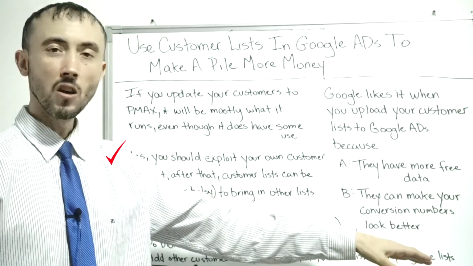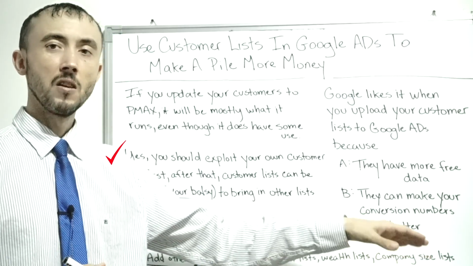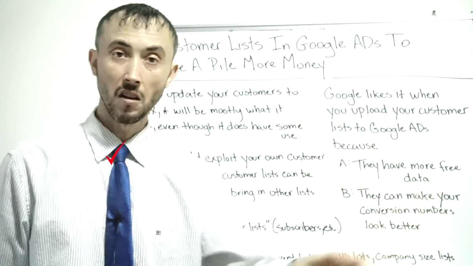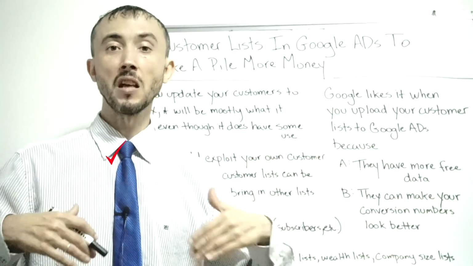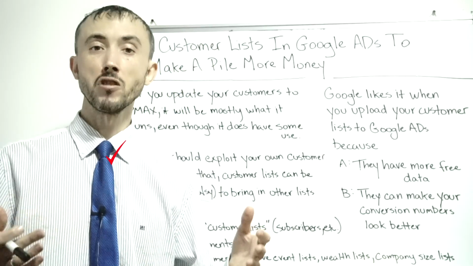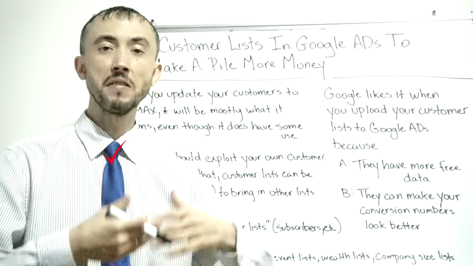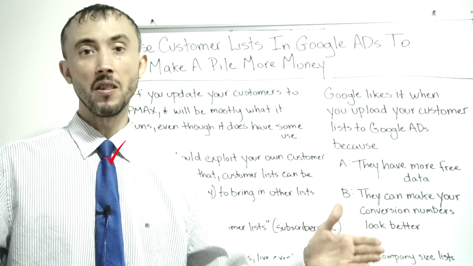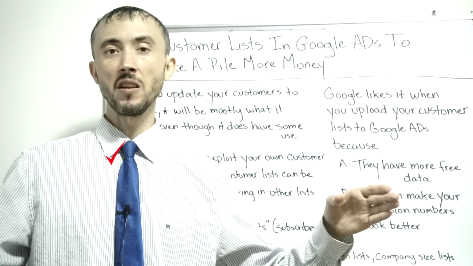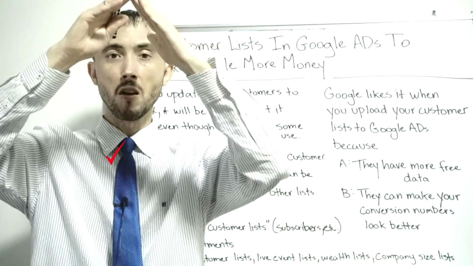A final way that people I've seen are making a lot of money with customer match lists is using the match list for B2B marketing. And the big problem in B2B, or selling to businesses, particularly for people that need to sell to larger companies, is making sure you're getting your ad in front of people from companies of a certain size. Given company sizes, everything is shaped like a pyramid. There are a lot more small companies than bigger companies.